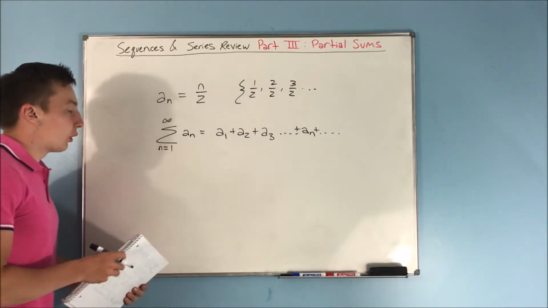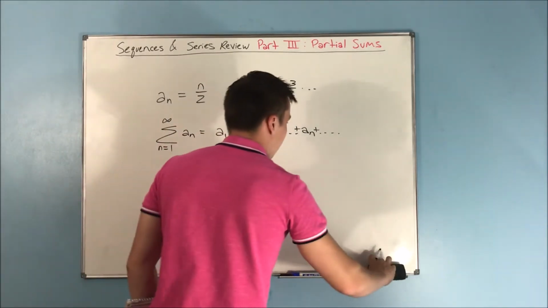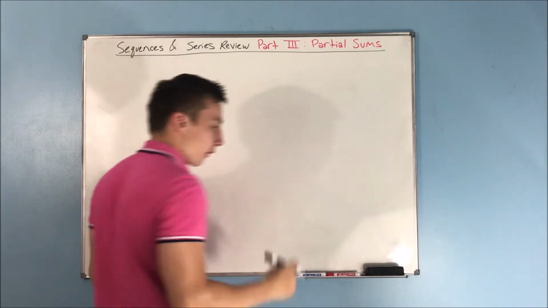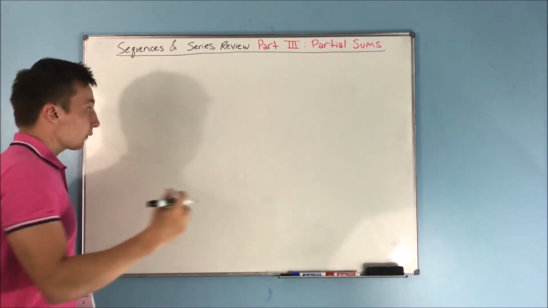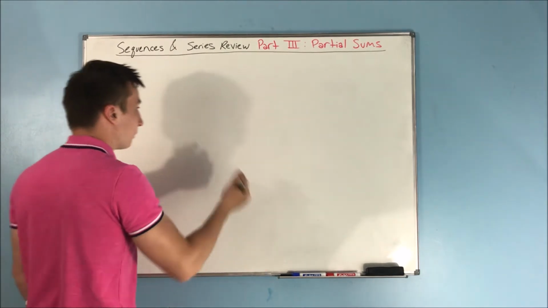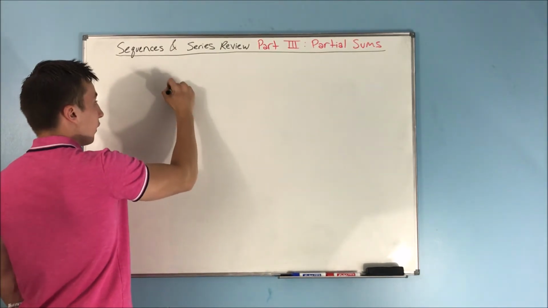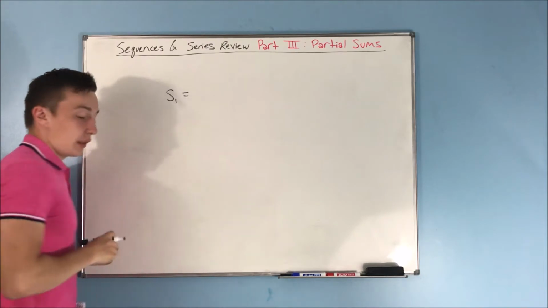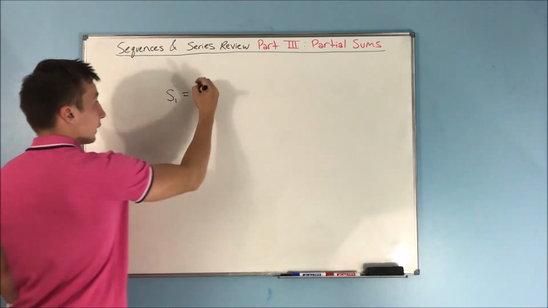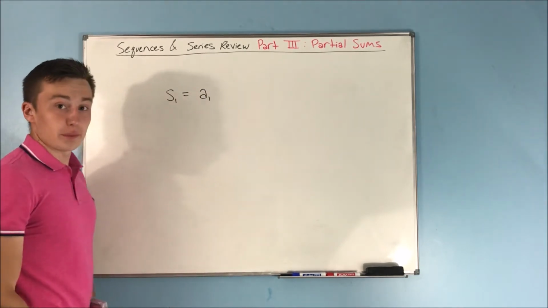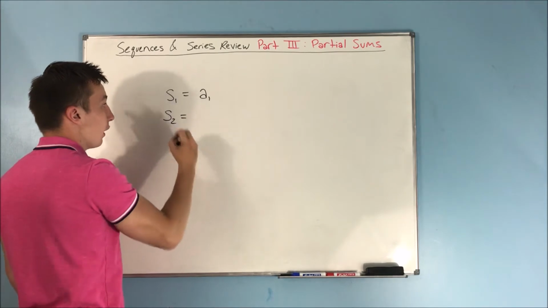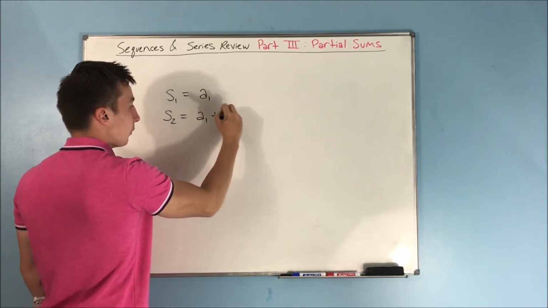Okay, so now I'm going to get into partial sums. A partial sum is the sum up to a point in a series. So if I wanted the first partial sum, S sub 1, all that is just a sub 1. But if I wanted the second partial sum, S sub 2, that's a sub 1 plus a sub 2.